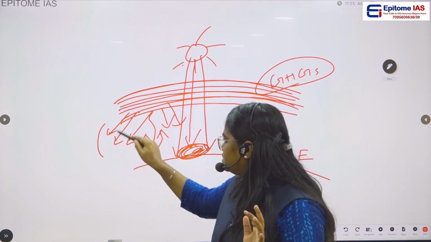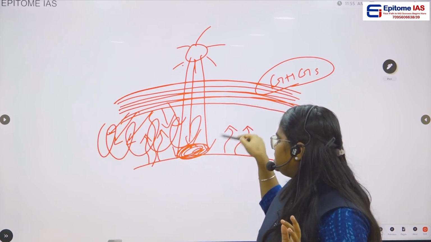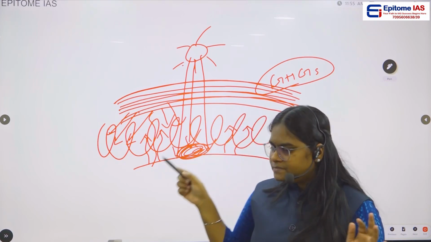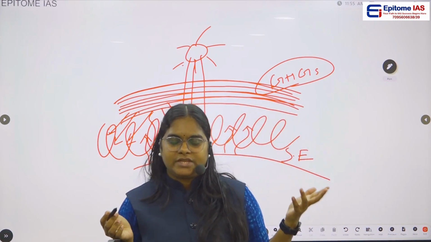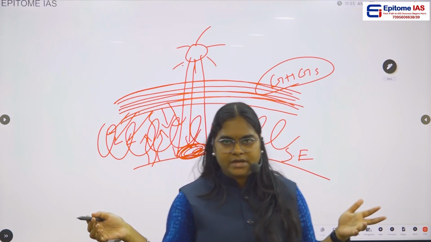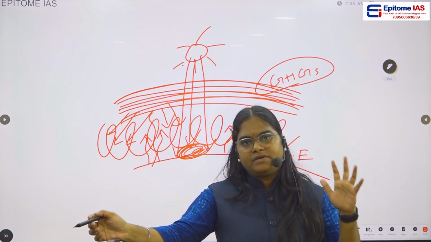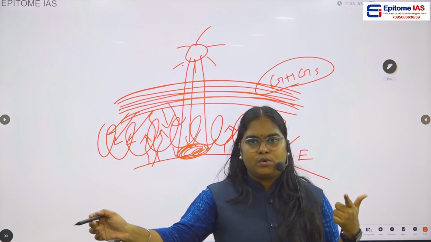Because of this, the Earth's temperature is increasing. That's why we say that with the increase of greenhouse gases, carbon dioxide, methane, etc., global warming is increasing.